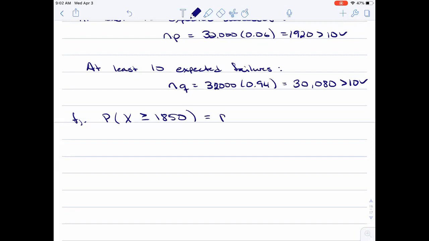That's the probability they will meet their need for O negative blood.